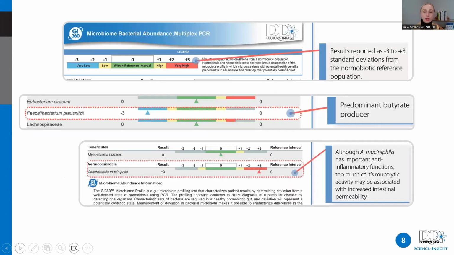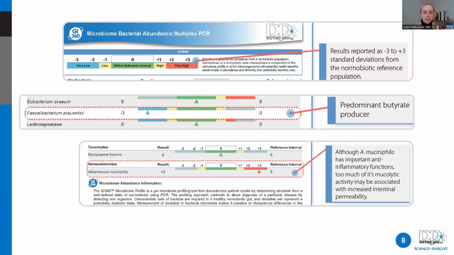All right, so the next piece of GI360, you will see there will be 3 pages of detailed information. And I want to explain a little bit how to read the profile. With regards to the pages about the specific bacteria, the reference interval is going to be this green area here within reference interval.